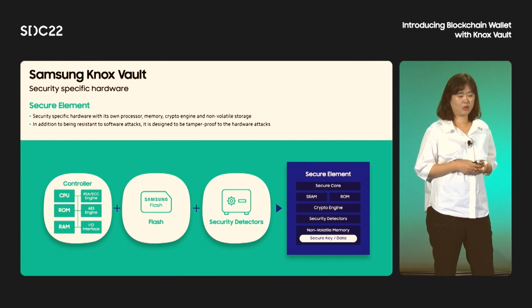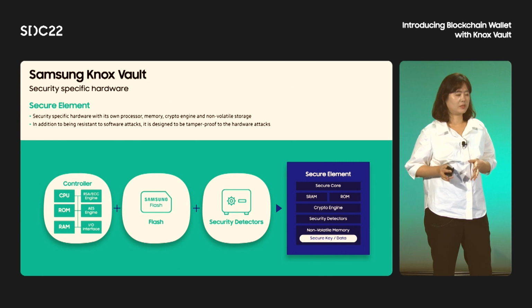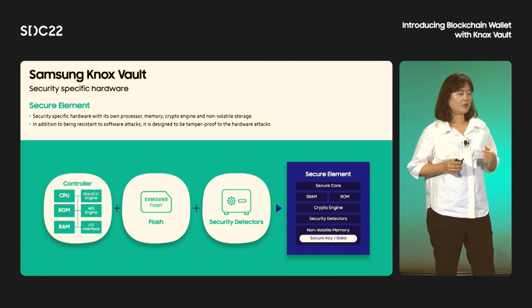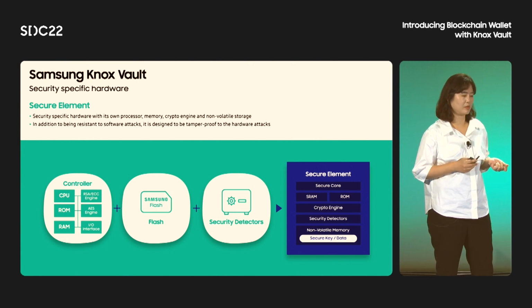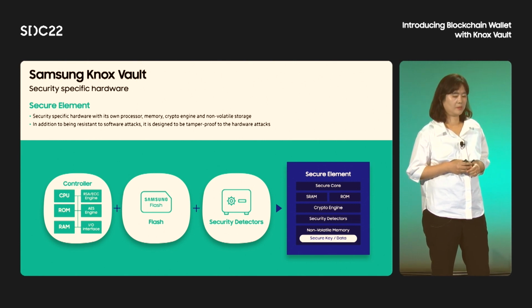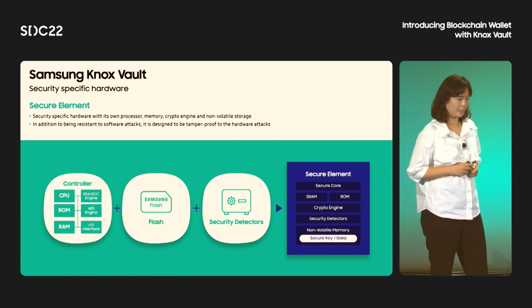So, once data is stored in secure element, cryptographic operations can be performed without extracting it from the secure element. Since it is an independent hardware, it is strong against the software attacks, and it has security detectors, so it can prevent hardware attacks also.